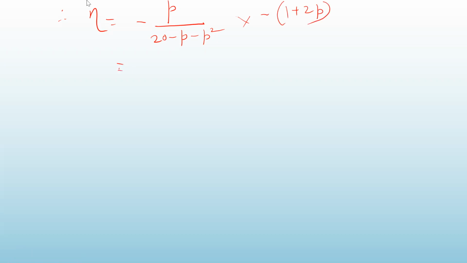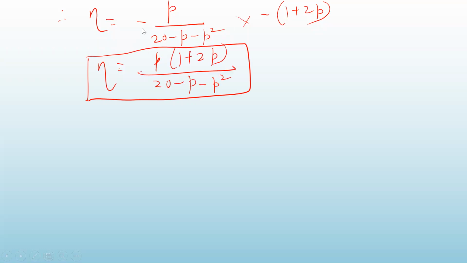Now look at here. This minus and this minus will give you plus. So P into 1 plus 2P. That is the reason I'm taking the minus out, because in the final answer, minus and minus will give you plus. So this is the formula we got for eta.